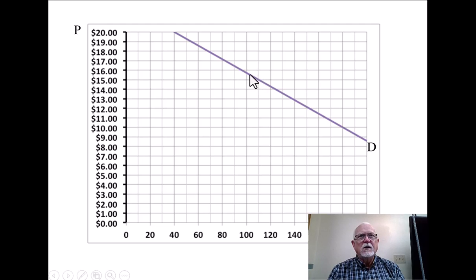So if we're selling 100 units, then the average revenue is the same thing as the price, which is a tad under $16. Price is $16. Your total revenue would be $16 times 100. Again, it's a little less, but rounded, what we're looking at here is $1,600, and that would be total revenue. Average revenue would be total revenue divided by quantity, dividing right back by the 100, and so notice we'd come out with the same thing as price.